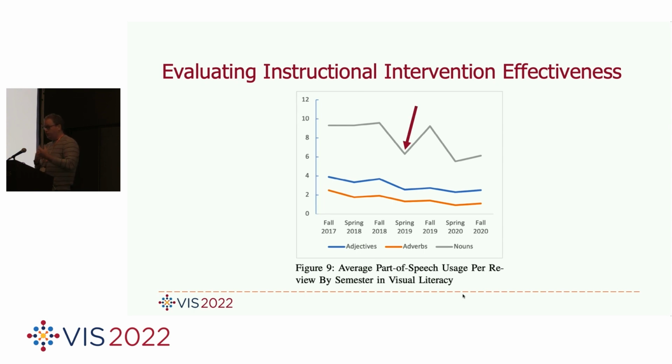This was when there was a restructuring in the course, and for anyone who's ever restructured a course, it usually doesn't go that well the first time. You can see that the next semester they corrected for it and things returned to more or less normal. The other disruption you see is, of course, from COVID-19 in spring 2020 when everything moved online. In this particular case, you can see that things didn't get better in the fall, which is also not that surprising.